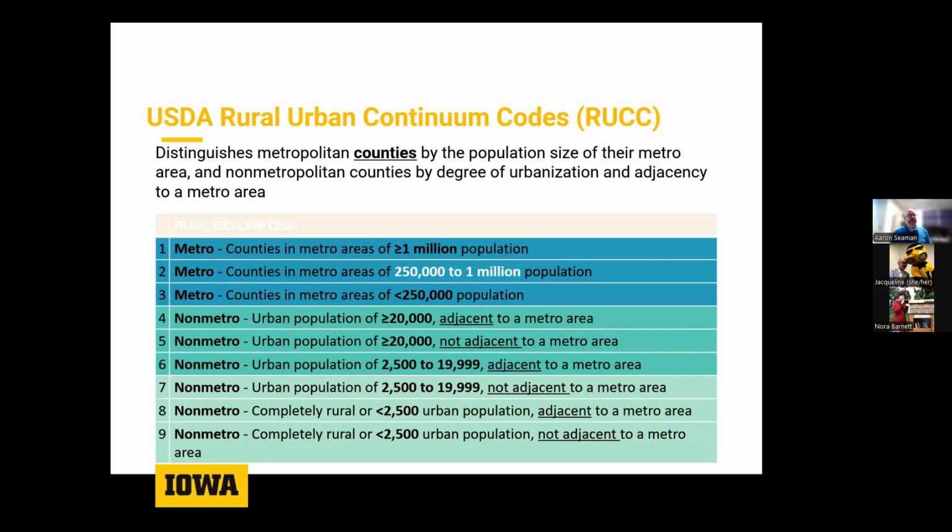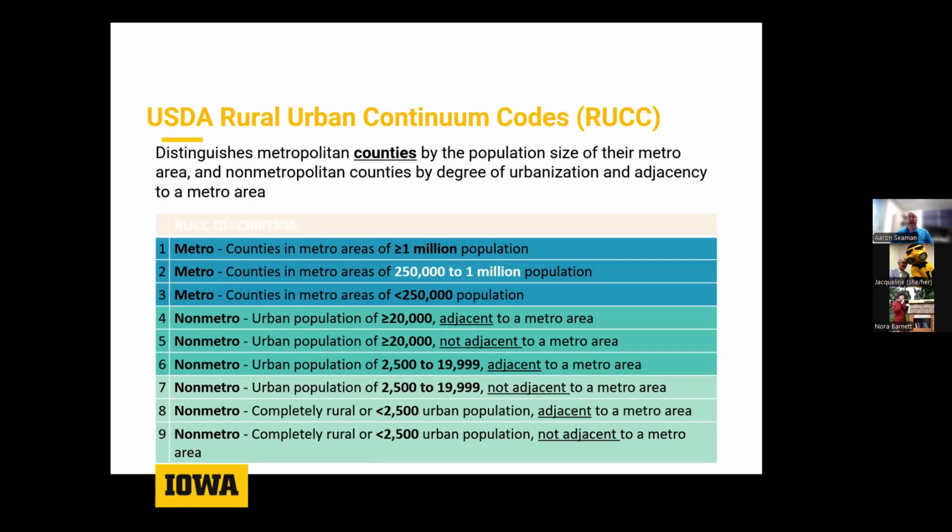So with that, we'll talk just a little bit about rurality and how we think about rurality. One of the most commonly used ways to define and categorize rurality, and one that is used by the NCI, the National Cancer Institute, is the U.S. Department of Agriculture Rural Urban Continuum Codes, or RUC.